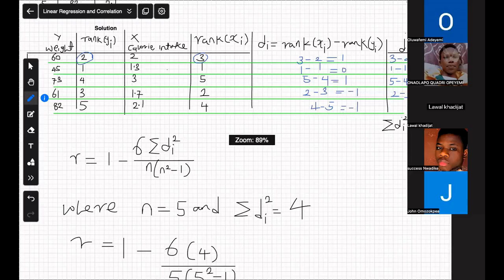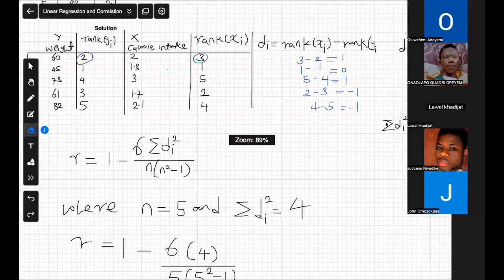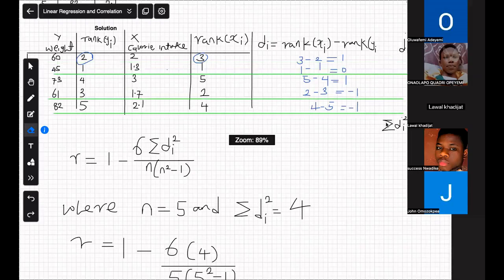Now, when we come back here, it now becomes 1, squared is 0, 1.